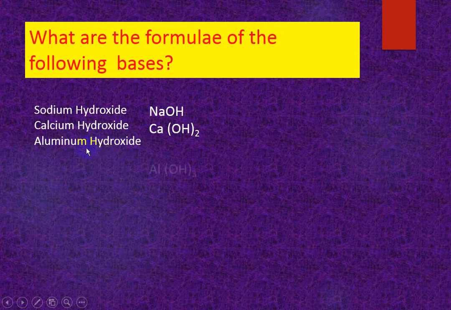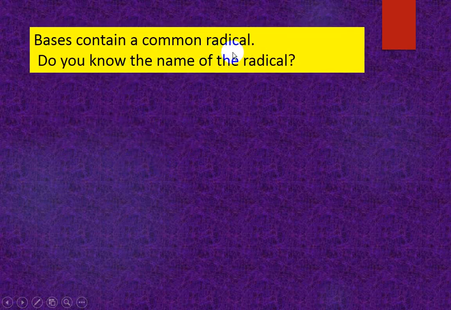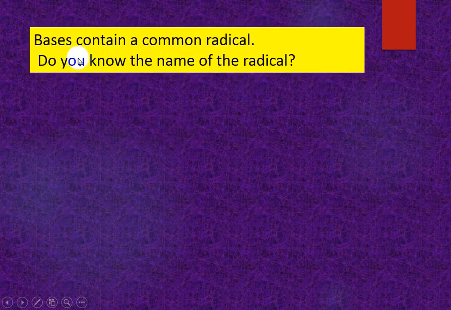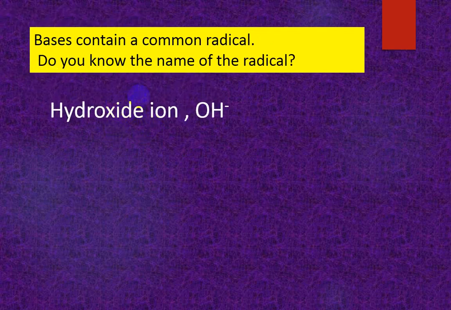Ca(OH)2. Ammonium hydroxide, NH4OH. Have you seen there is a common radical here? Bases contain a common radical group of atoms. Do you know the name of this radical? It is OH, the hydroxide ion, sometimes called the hydroxyl ion.